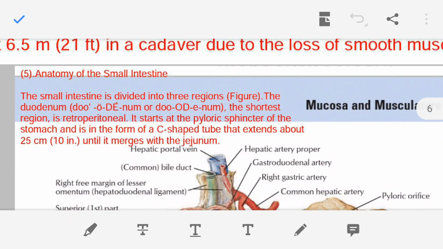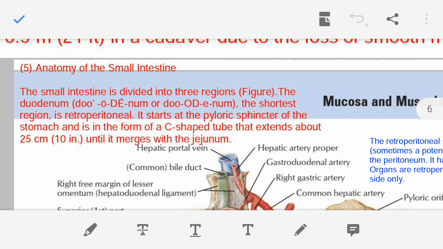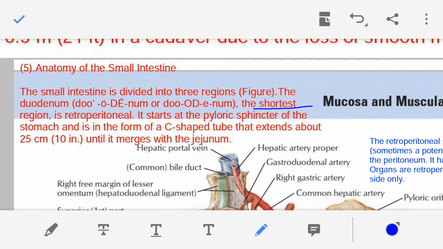On the fifth point, the regions of the small intestine. So there are three regions in the small intestine. The first region is, many a time we pronounce this as duodenum, but actually we should pronounce this as duodenum, and the duodenum is the shortest region when we compare it with the jejunum and the ileum.